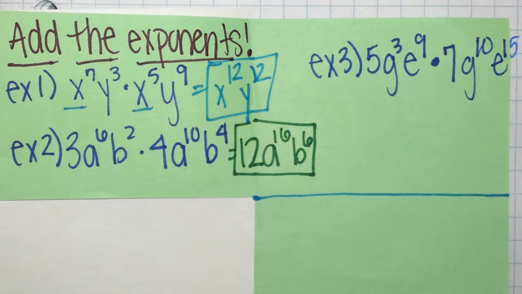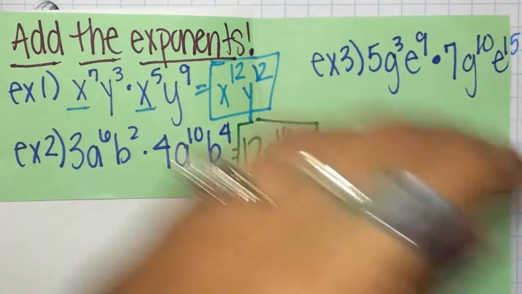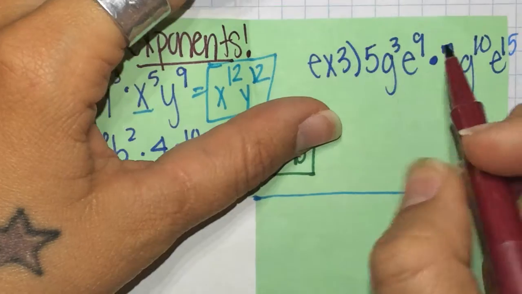Veinticuatro. What, Jacoby? All right, Jacoby, tell me what's right. 5 times 7 is?